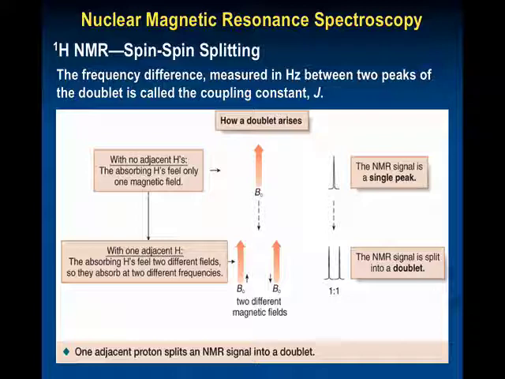So, how do peak splittings come about? What is so magical about these neighboring protons that give rise to different peaks? It turns out I'm going to have to teach you a little bit of statistical mechanics, which is a higher level physics class, but I'm going to give you just the bare bones of it today, okay? And it's all about probability. Nature is really well behaved when it comes to probability, okay?